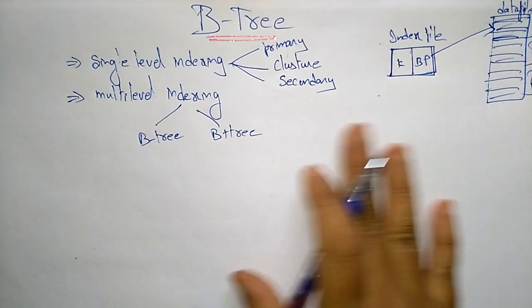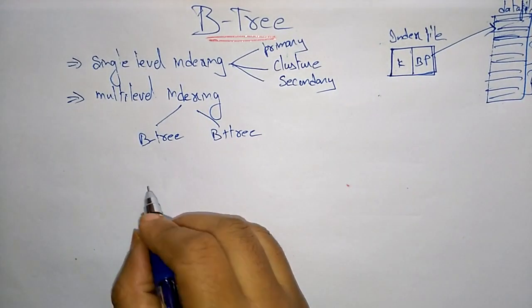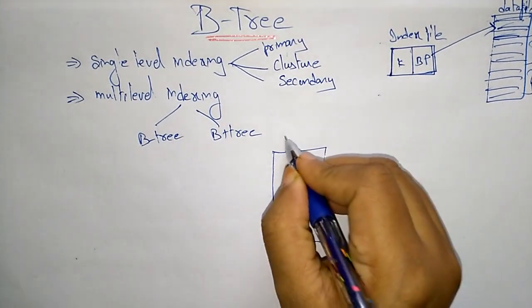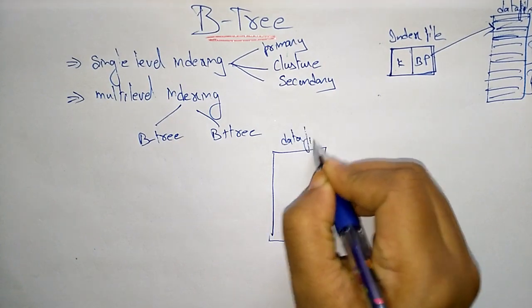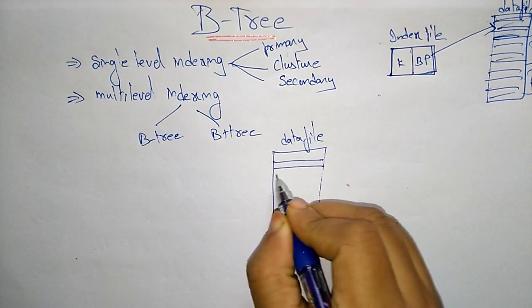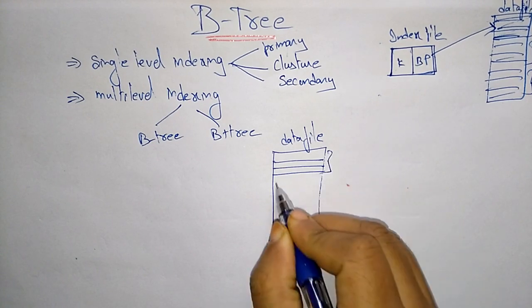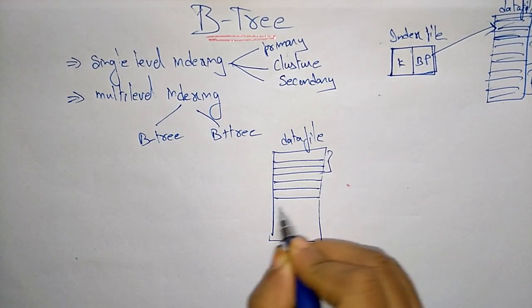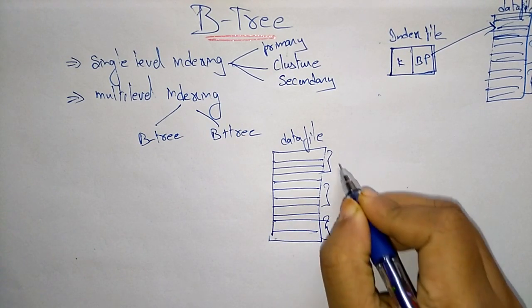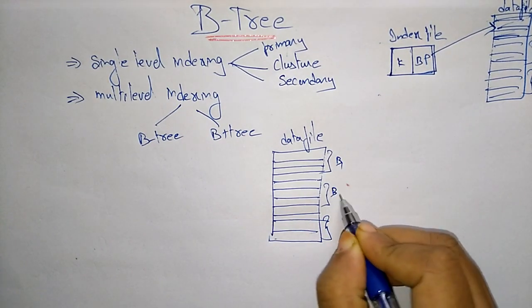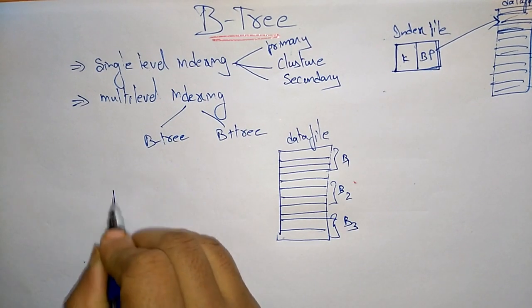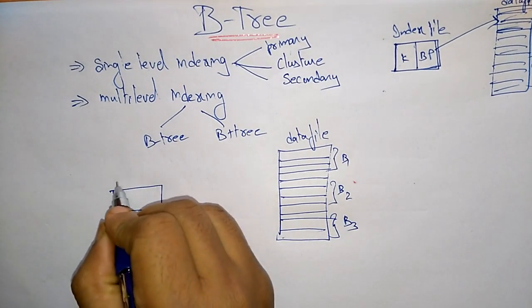Whereas coming to multi-level, here you have the data file. The data file has a set of fields, and each field has a set of records. Those records will be divided into blocks: block 1, block 2, block 3, like that. Here you have the index file.